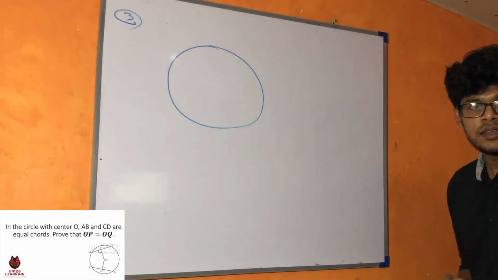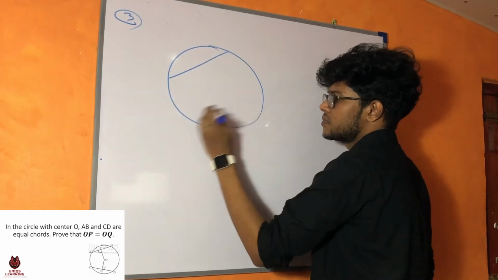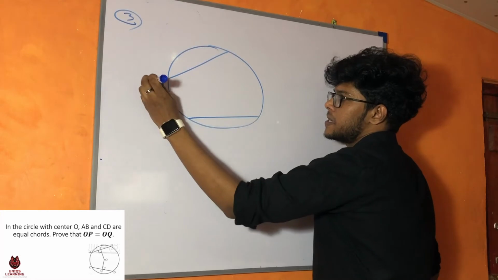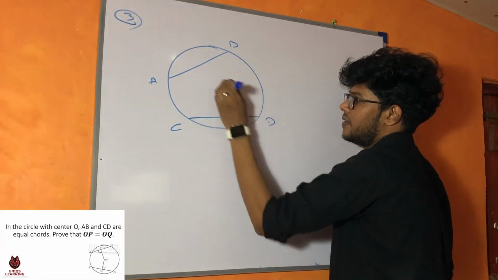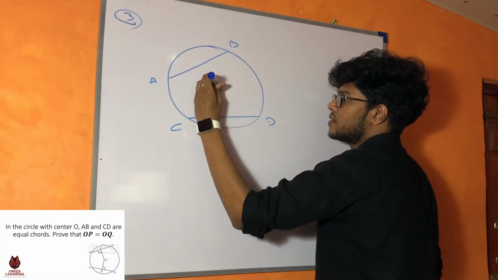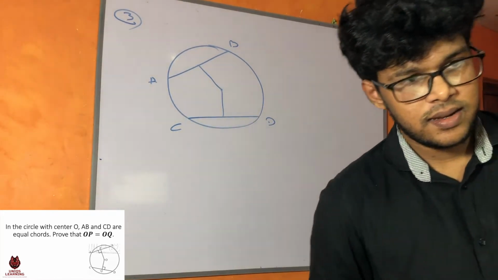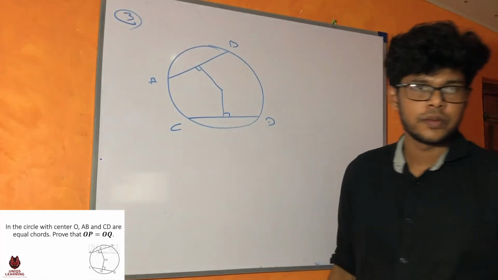So here there are two chords, AB and CD, and there's the center. It is given that they are perpendicular.